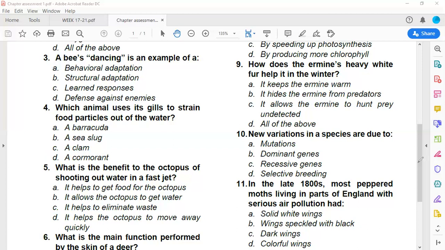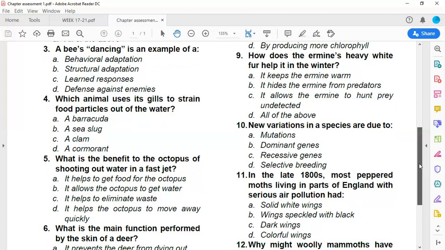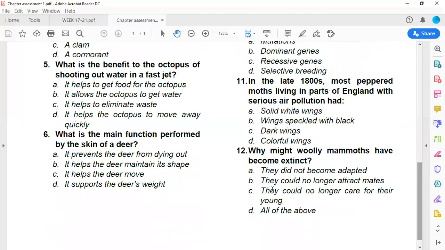Okay, let's move to number 6. What is the main function performed by the skin of a deer? All right, we have four options as well. Letter A says it prevents the deer from dying out, which is actually drying out.